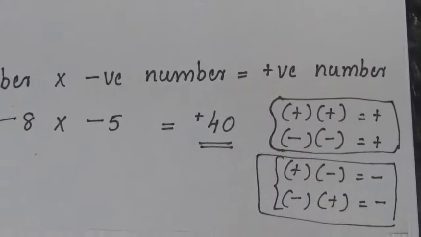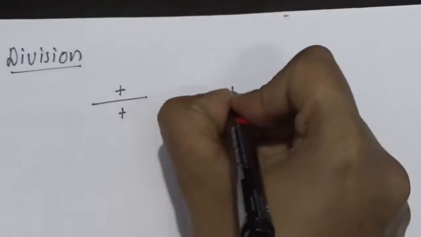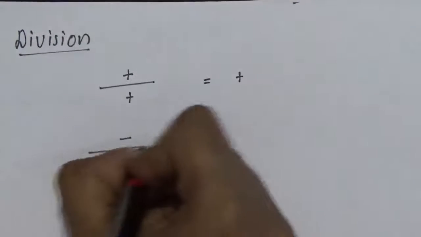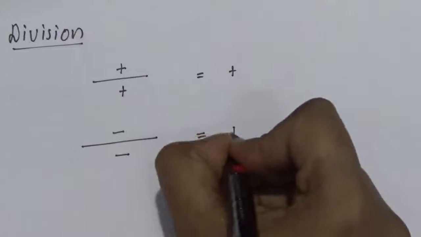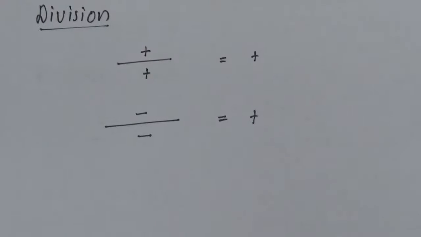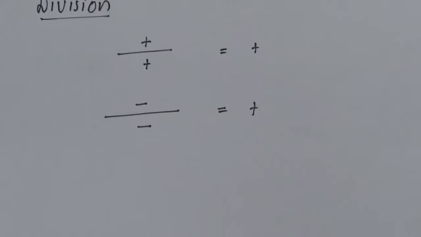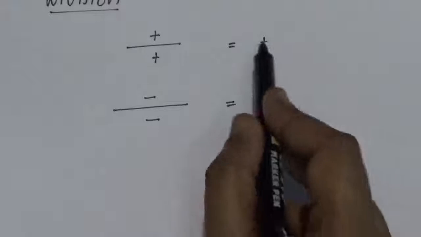In the case of division of numbers also, we have the rules. Remember that rule. Positive by positive is positive. Negative by negative is positive. Thus, in the division of two numbers, if the numbers are of the same sign, the quotient will be positive.